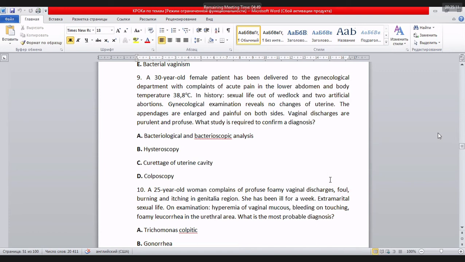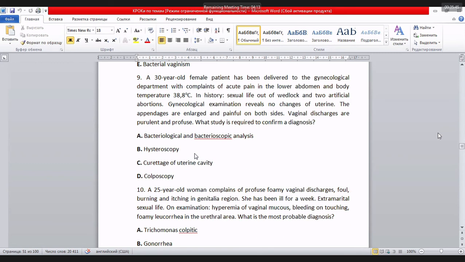To my mind, we have this test in other topics. The options: bacteriological and bacterioscopic analysis, hysteroscopy, curettage of the uterine cavity, or colposcopy. Of course, I told you, do you remember that if we have the signs of inflammation, purulent discharges, high temperature, we never perform invasive methods of investigation such as curettage, such as hysteroscopy, because in this case we promote the spreading of the infection.